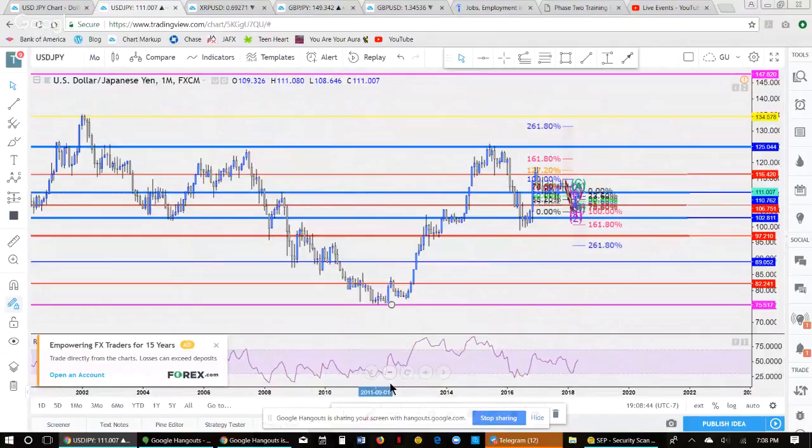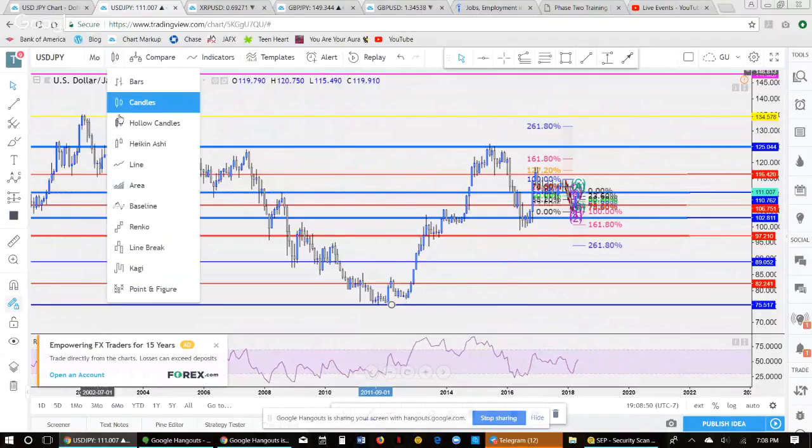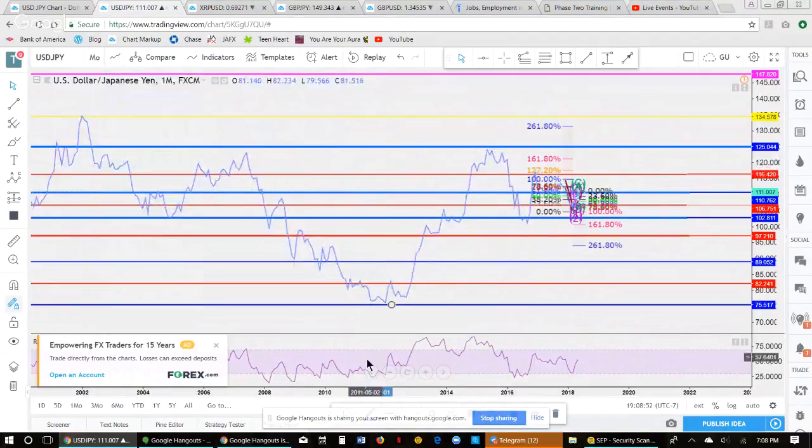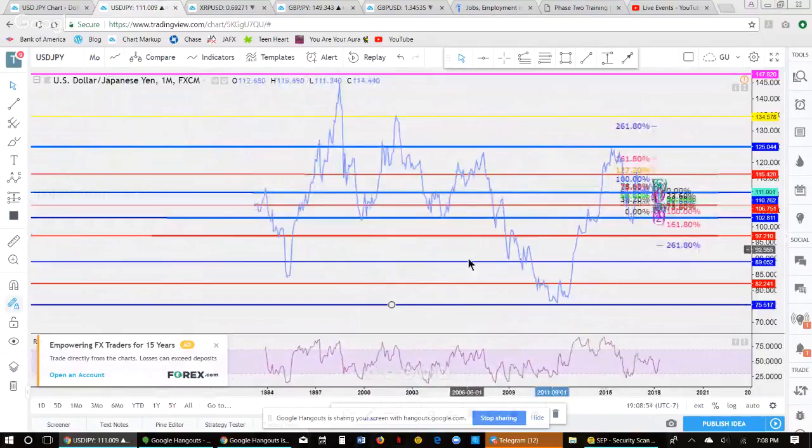Anyways, what I do when I mark up, the first thing I do is change this to a line chart. And then I go in and I label the monthly of either major reversal or true support or resistance.